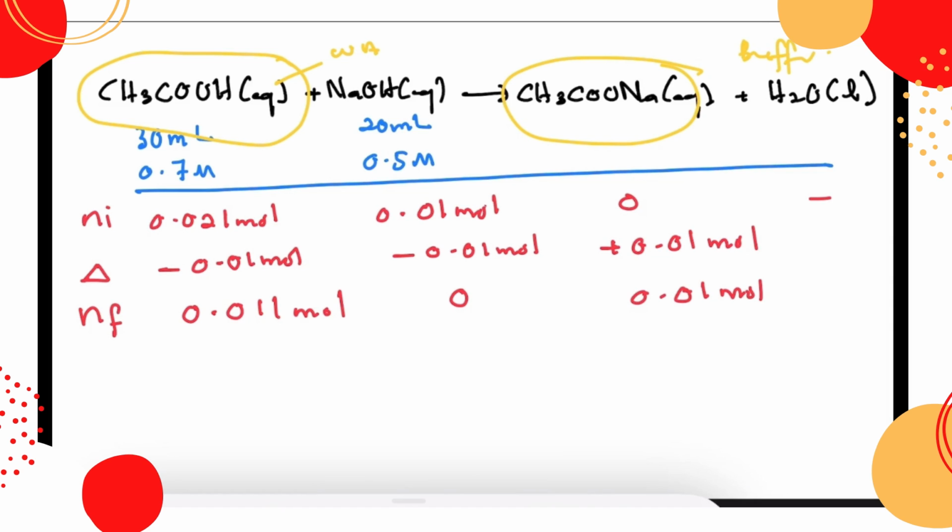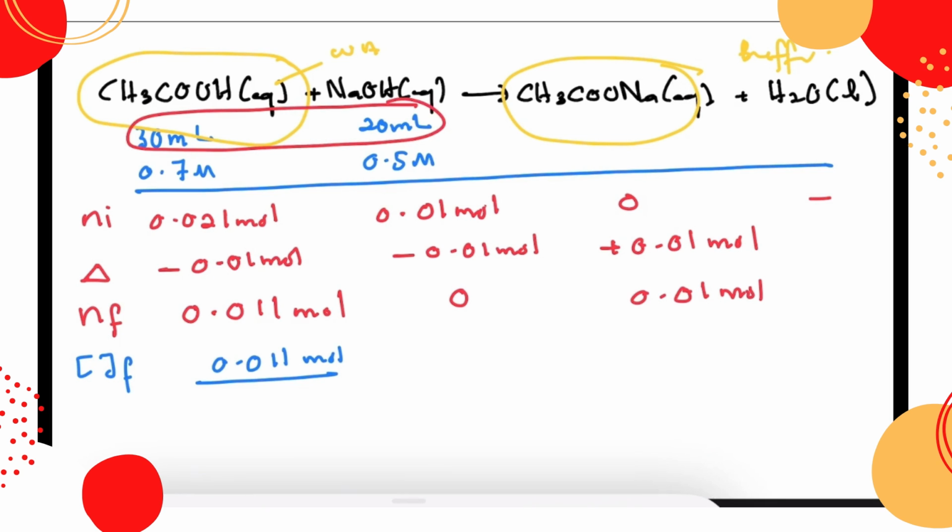If it is a weak acid or weak base, we have to consider its salt because it exists as a buffer solution. Alright, so now concentration final, it is 0.011 over the total volume, which is 30 plus 20, which is 50.